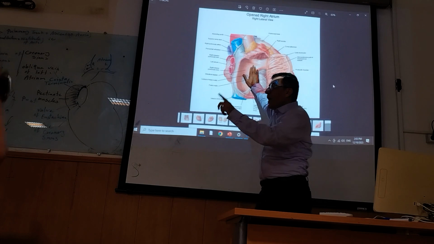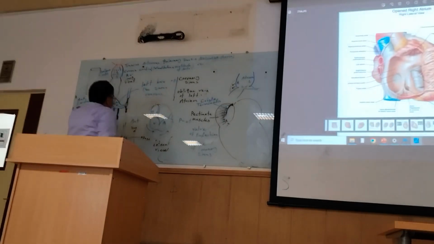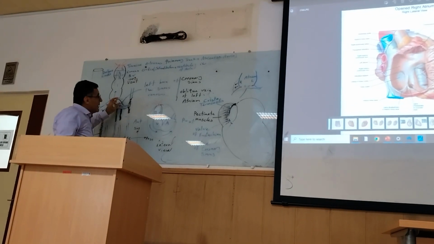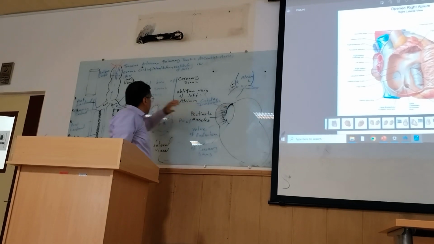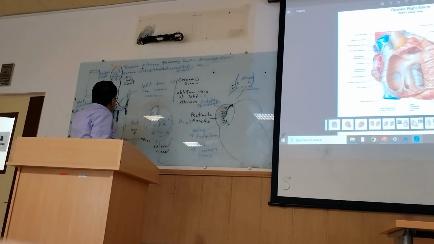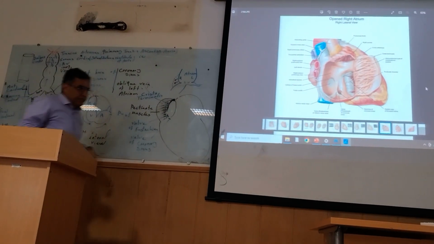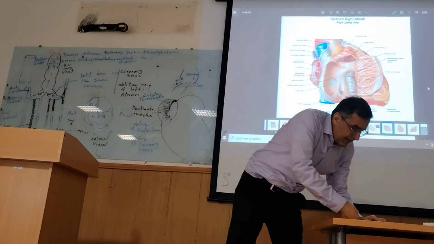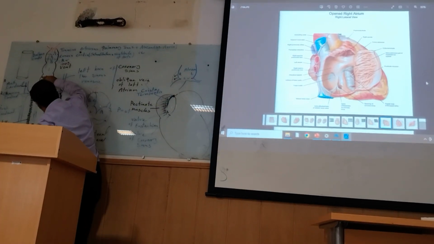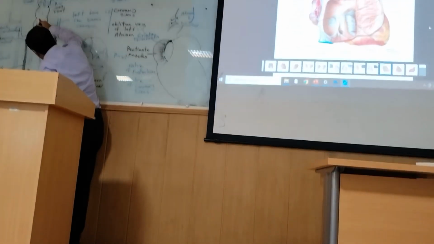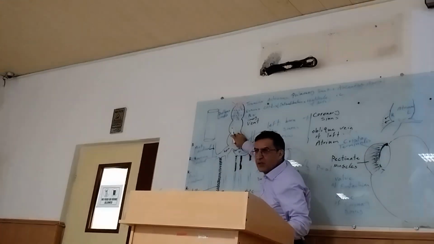When the sinus venous comes to the right side of the primary atrium, we have one orifice between the sinus venous and the atrium.